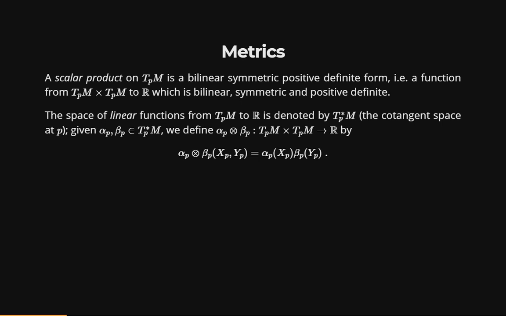Now, if you take two covectors, so elements of the dual, alpha_p and beta_p, which are elements of Tp*M, so alpha_p is a linear function from the tangent space to R. Beta_p is a linear function from the tangent space to R. We define their tensor product, alpha_p tensor beta_p, as a function from pairs of tangent vectors to R. So this function takes as input 2 tangent vectors and gives you back a number simply by multiplying them.